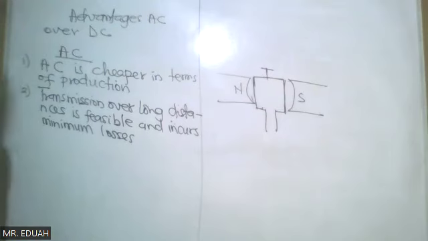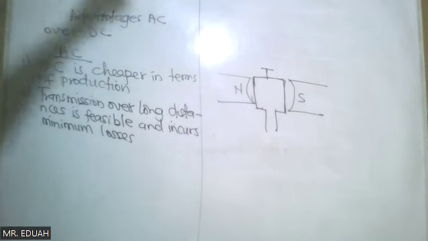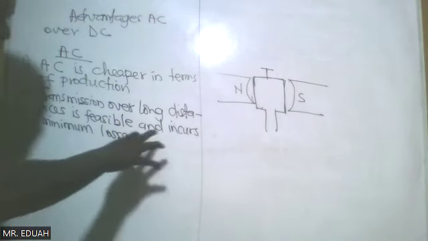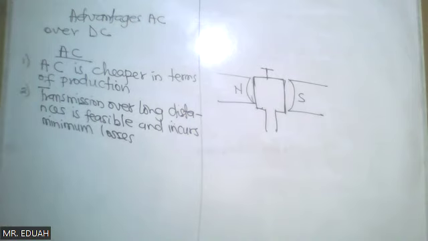That is why we have Akosombo at the location, but the power generated can be transmitted all the way from Akosombo to Accra, Cape Coast, and so on and so forth. You can't easily do that when it is DC. For DC, you incur much cost.